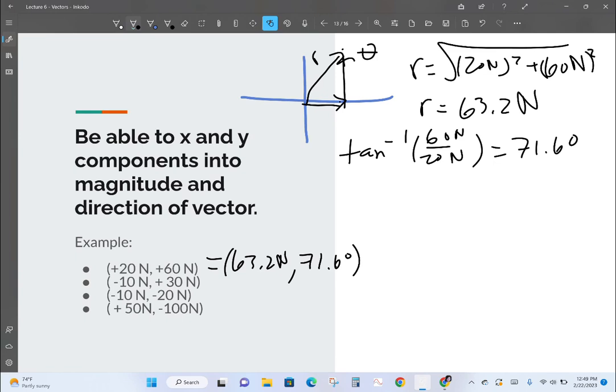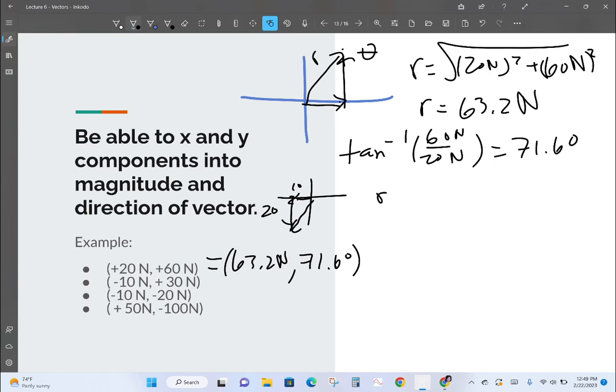Let's do the third one, -10 and -20. My hand is so big I can't even write in the units right now, but we'll do that when we do the math.